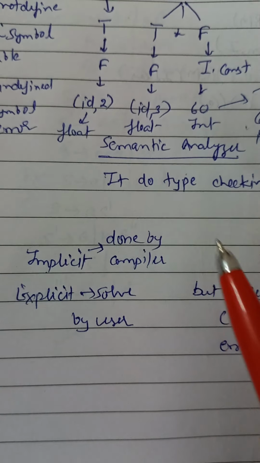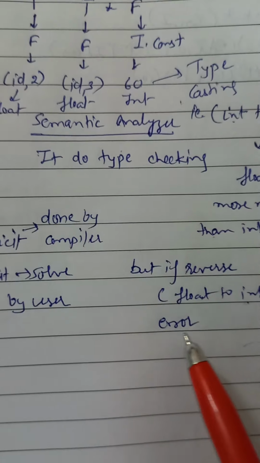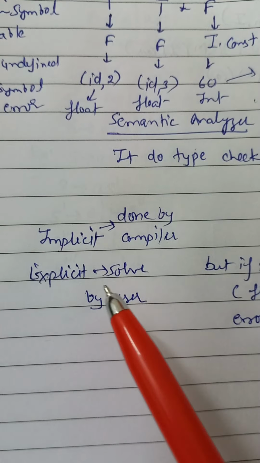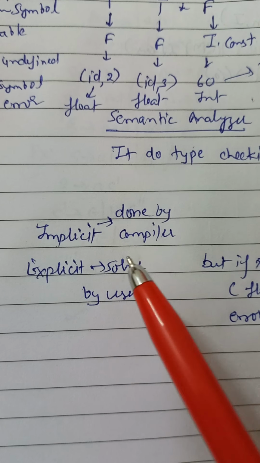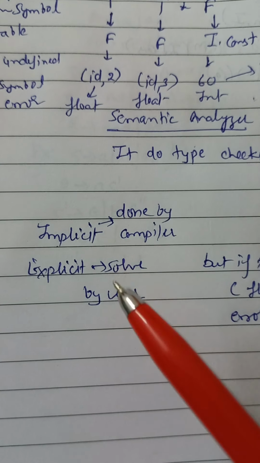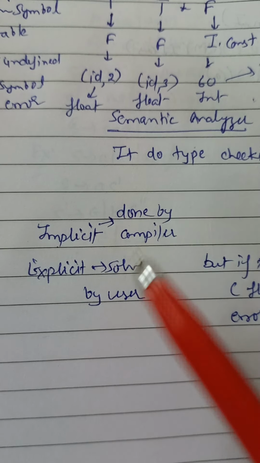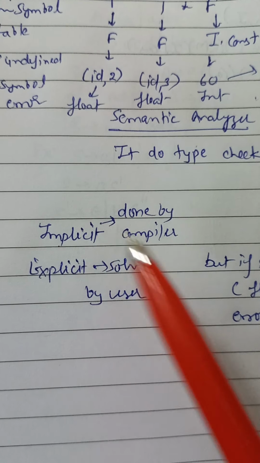But if it is the opposite, suppose we are converting float to integer, this will give us an error. In this case, the user needs to solve this problem and convert into whatever type is needed. This kind of change is called explicit, and whatever is done by the compiler is called implicit.